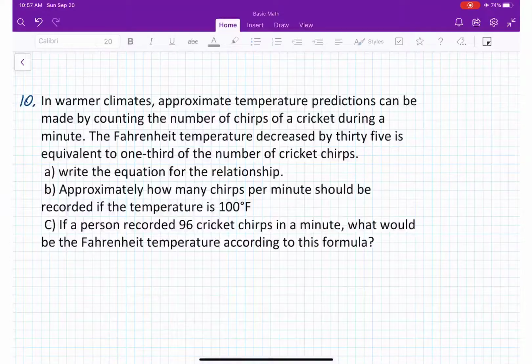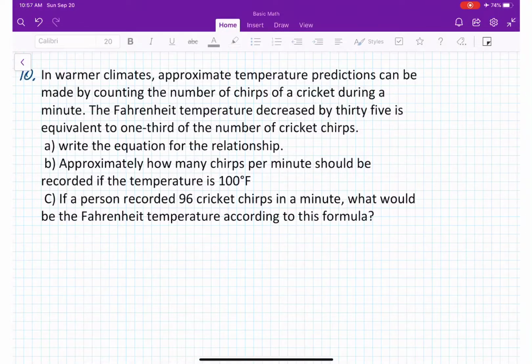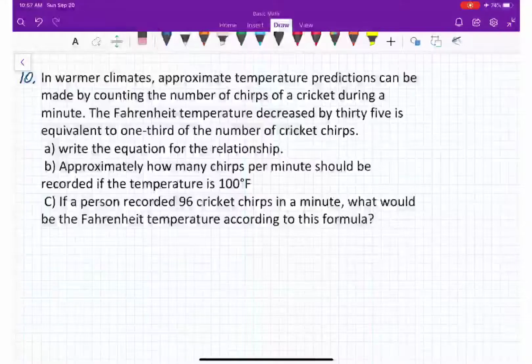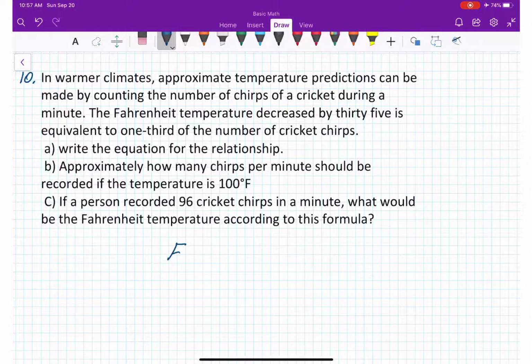The Fahrenheit temperature decreased by 35. Decreased meaning subtract, is equivalent to 1/3, meaning x over 3, of the number of cricket chirps.